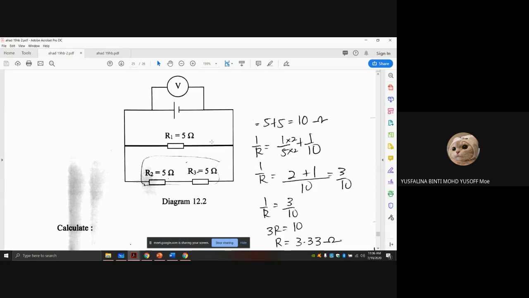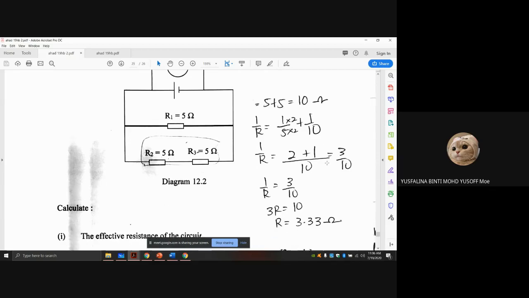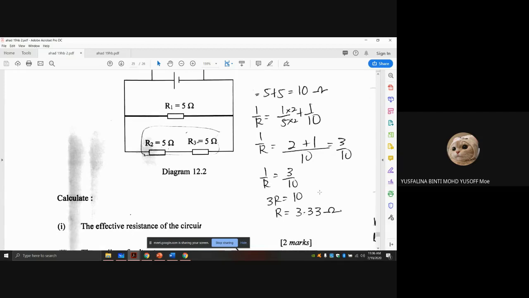The formula for parallel resistance is 1 over R equals 1 over R1 plus 1 over R2. So 1 over 5 plus 1 over 10. You solve it and cross multiply, and you get 3.33. So this is the effective resistance of the circuit.